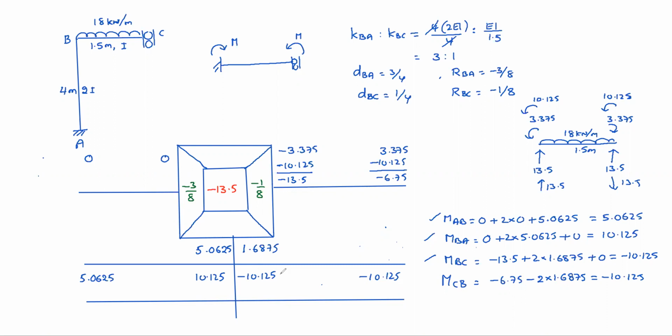So minus 10.125 minus 10.125, total 20.25. 20.25 by 1.5 is 13.5. Exactly, the reaction becomes 0 there. So treat this as a special case. For a guided roller, do the final moment like this: fixed moment minus 2 times the far end contribution.